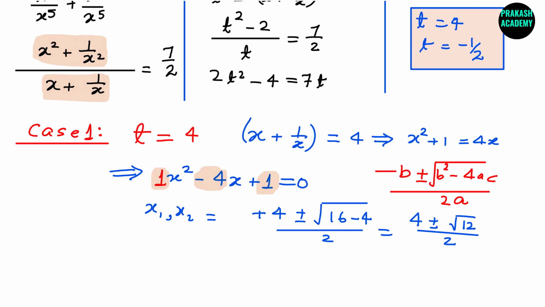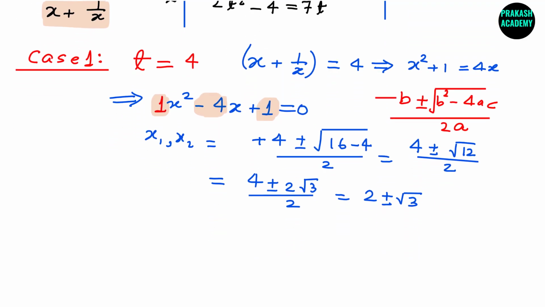So this is 4 plus minus 2 root 3, divided by 2. So this is 2 plus minus root 3. So you will have two possible values of x. One is x1 equal to 2 plus root 3, and x2 equal to 2 minus root 3.